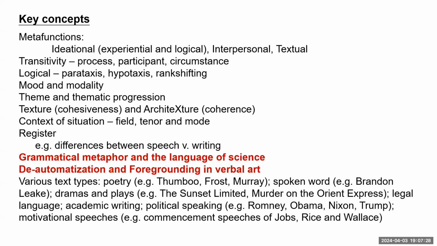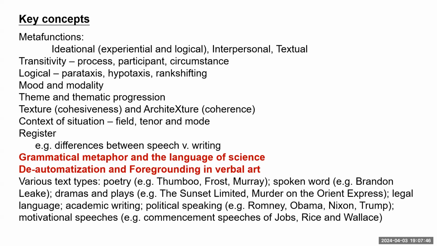Grammatical metaphor, the language of science. What is metaphor? That's been something we've talked about. It's the opposite, we could say, of the literal: the straightforward, the expected, the default.